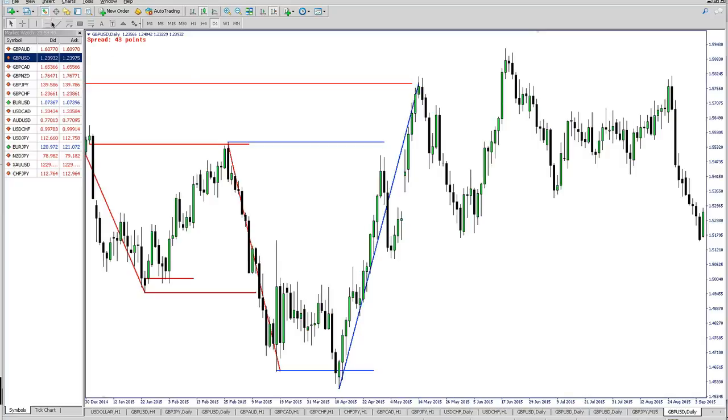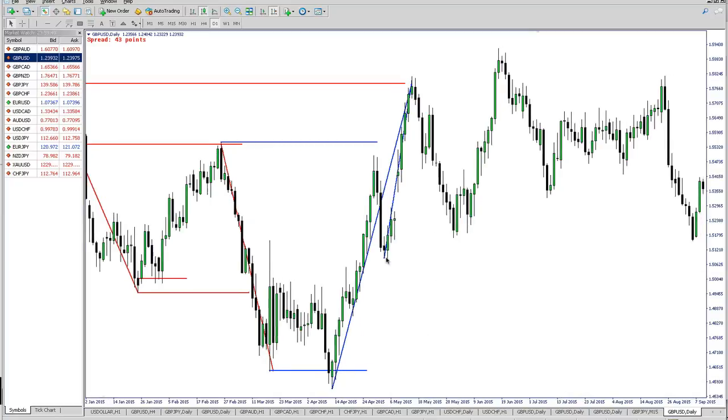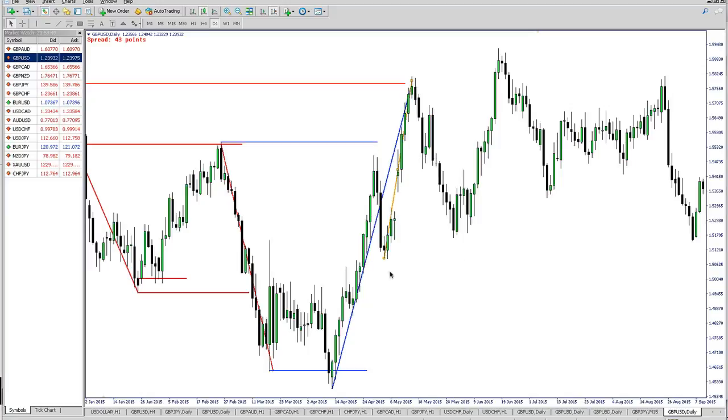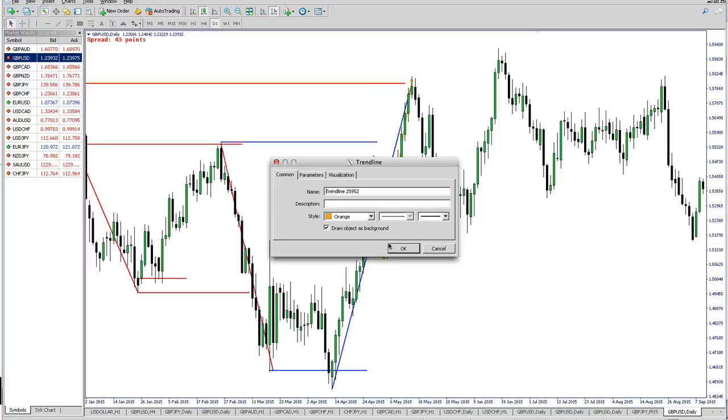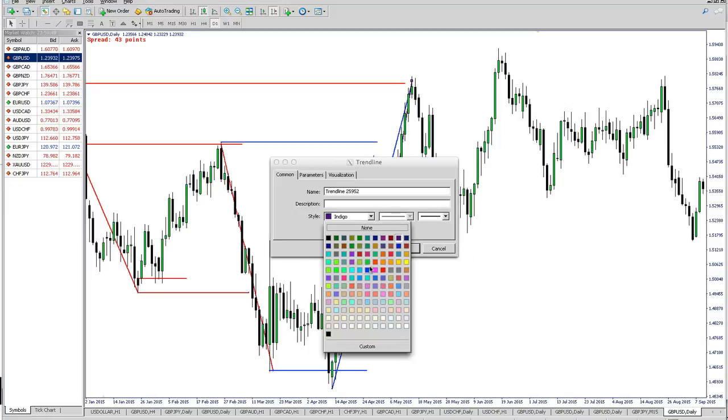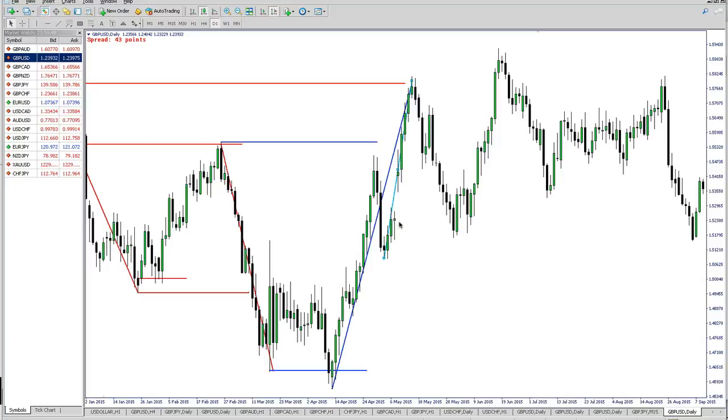And then you've got a range from here to here. Create that orange, no, purple. Range from here, it's not a very different colour, is it? Blue, that'll do.